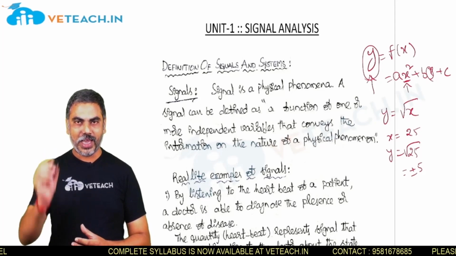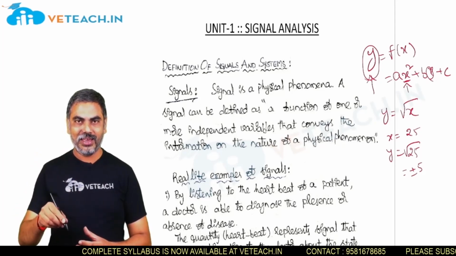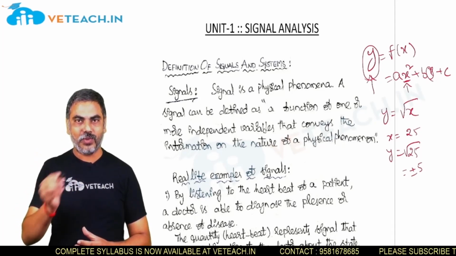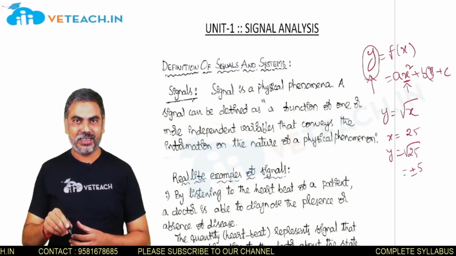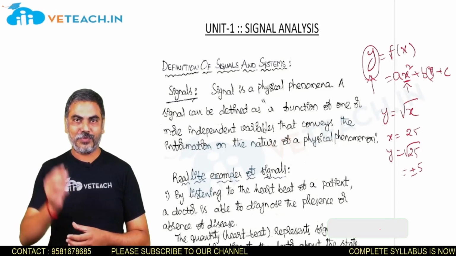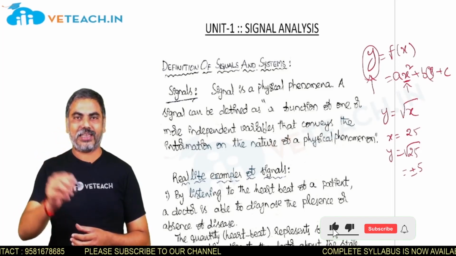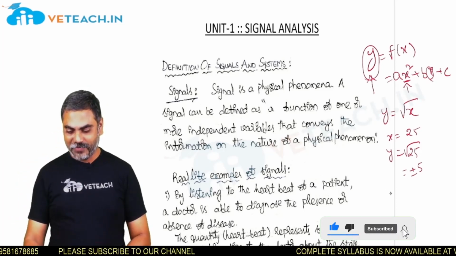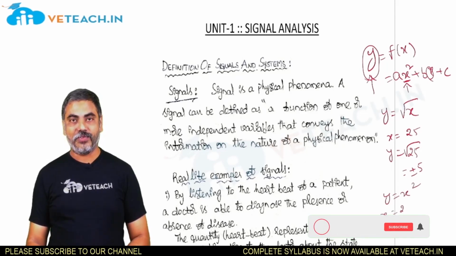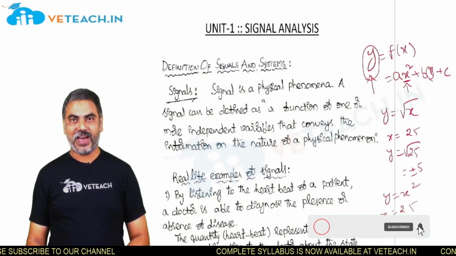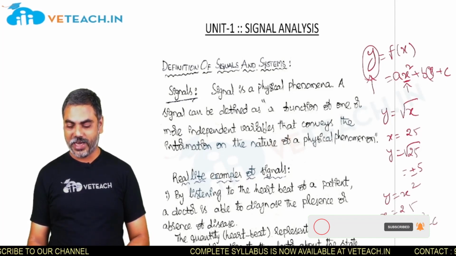So for a single value of x, we are having a y value of either plus 5 or minus 5. That's why y is known as a multi-valued function, because for a single value of x, there are multiple values. And if I say y equal to x square, now for x value, let us say 25, then y is 25 square, which is 625.